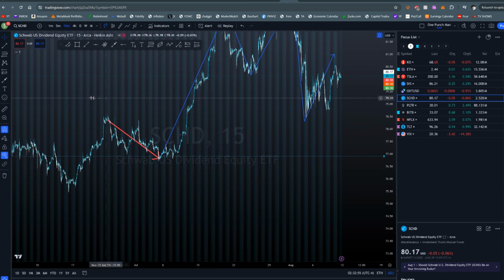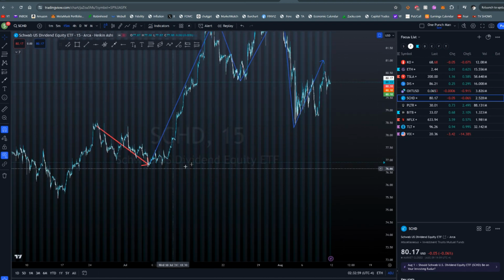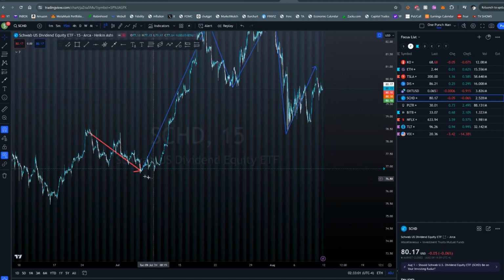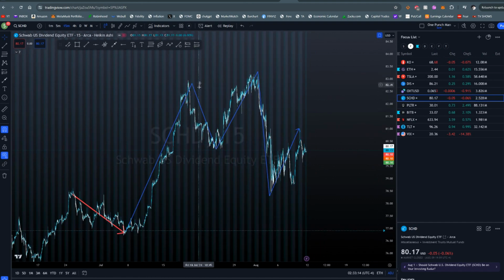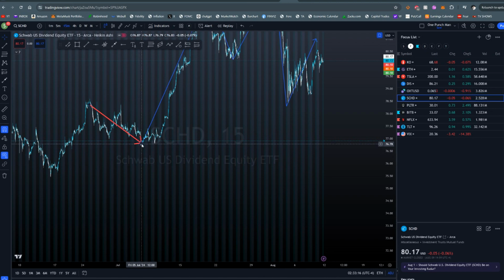Then we move up. So market structure, that's how market moves, right? But right here is where you want to buy the next time the stock comes up, come to it, because this was the last higher low before we make this magnificent move right here.